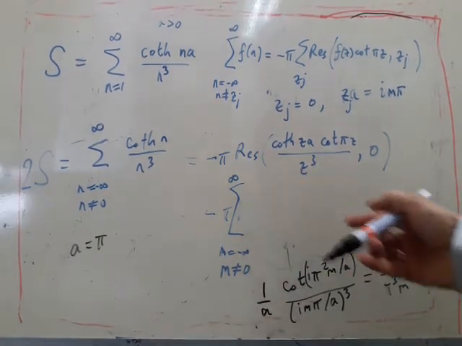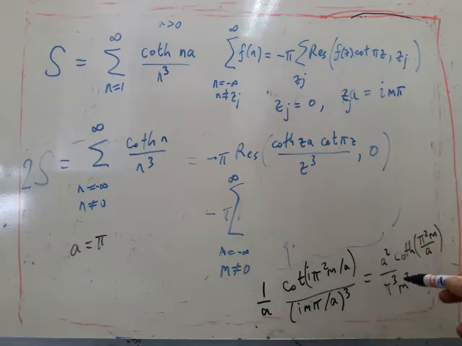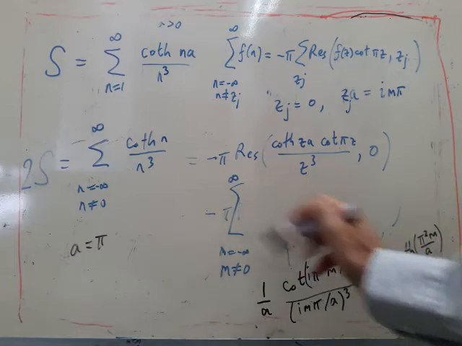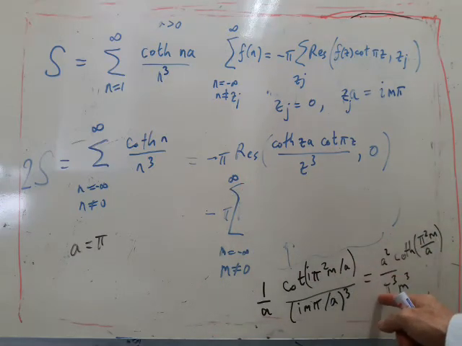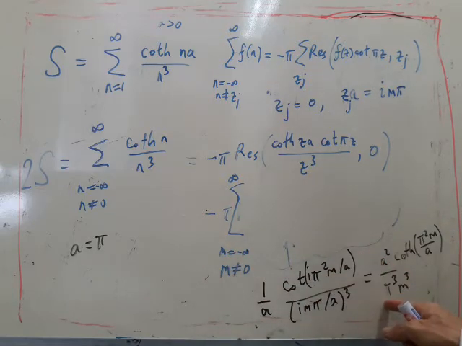So if we put a equals pi, we can replace this sum of residues by, I'll just do everything properly. So we end up with a squared is now pi squared on the top times pi divided by pi cubed.